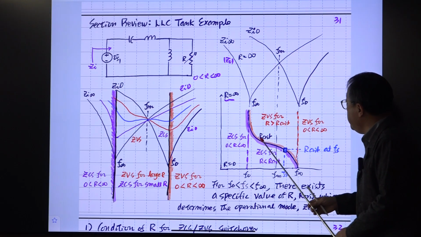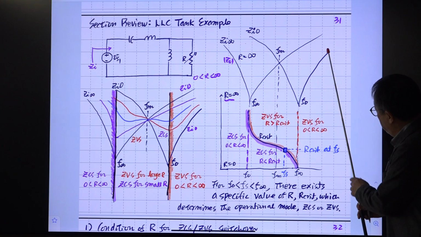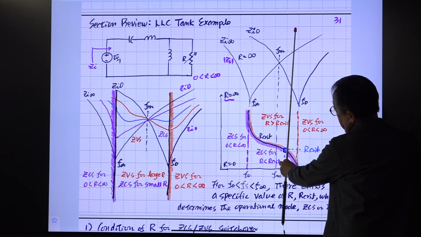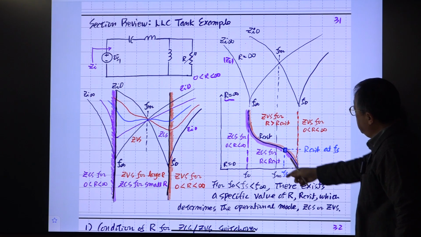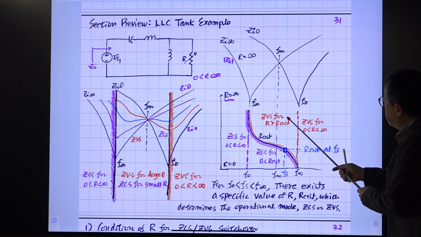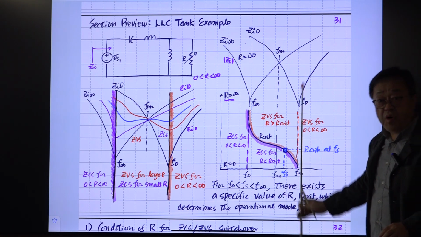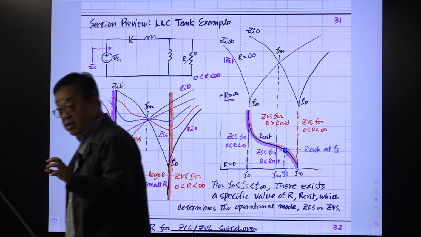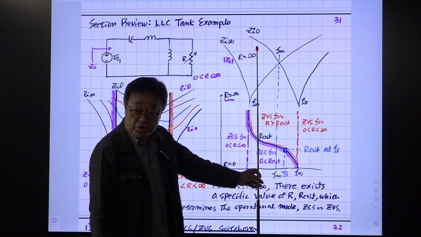Right? In between, there is one value for the given frequency. There is one value, R critical. Okay. At a given switching frequency, there is one value of R critical. Above this value of the R, at the switching frequency, the converter is in GBS. Okay. At different frequencies, this R critical value will change.